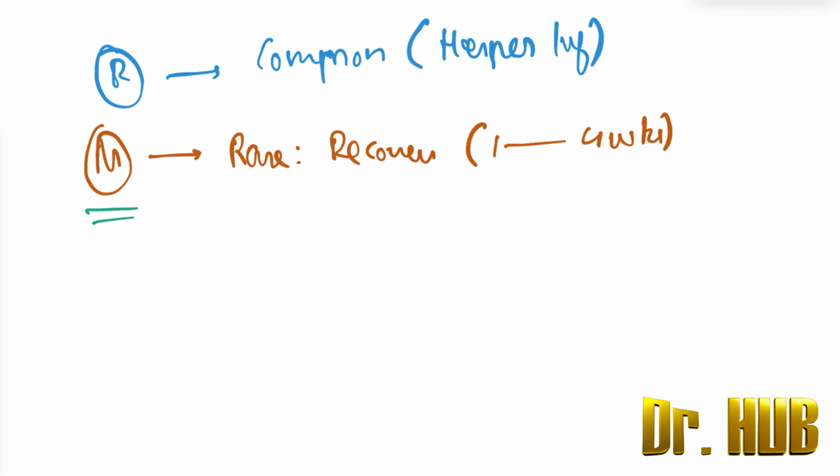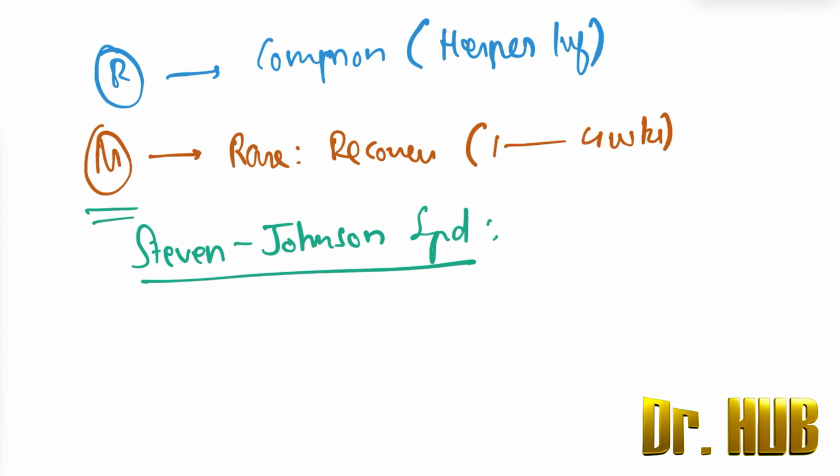Next, we are going to look at Stevens-Johnson syndrome. This involves a body surface area of less than 10%. What is the cause?